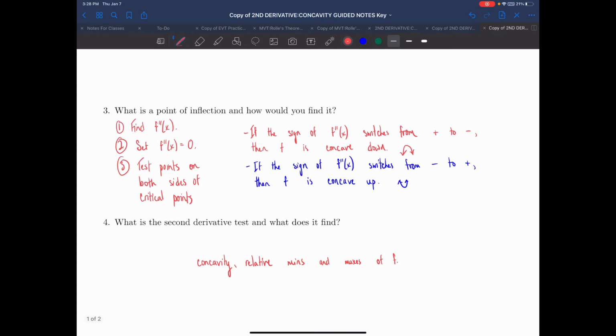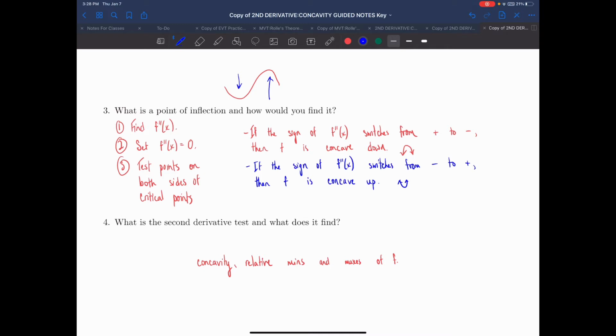Okay, so points of inflection. I'll see if I can sketch one here right above. Let's say I sketch something that looks like a sine wave. A point of inflection is where the concavity changes. You can clearly see right here in this region, this is concave up, meaning it's opening up, and this is concave down, where it's opening downward.